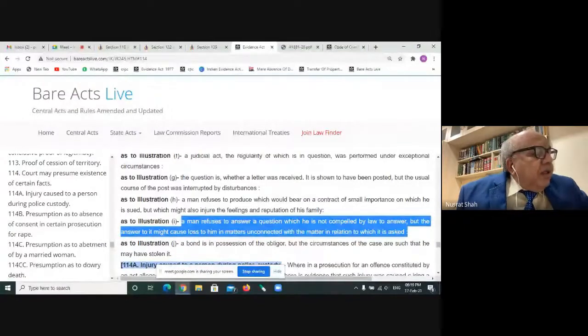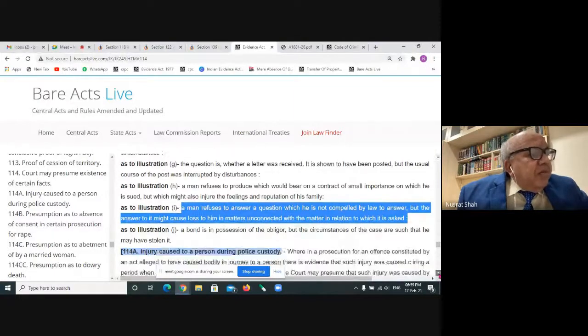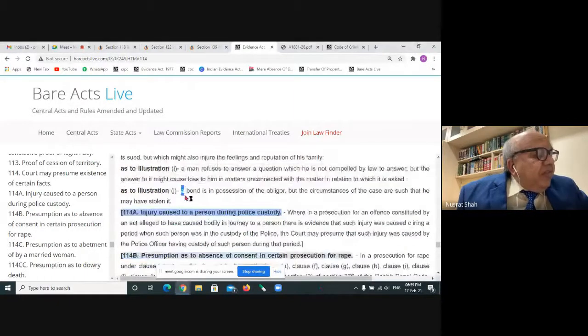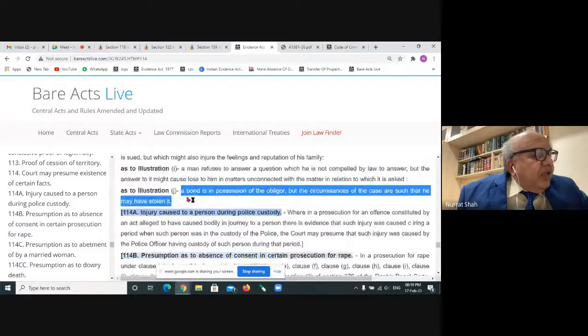Yes. Then the last illustration: a bond is in possession of an obligor, but the circumstances of the case are such that he may have stolen it. Suppose I took a loan from you, ₹1,00,000 under a promissory note. You are my good friend.